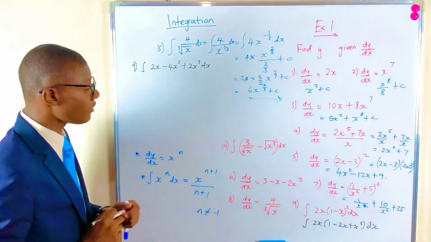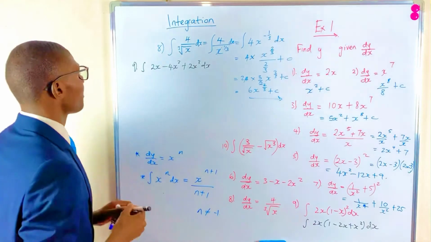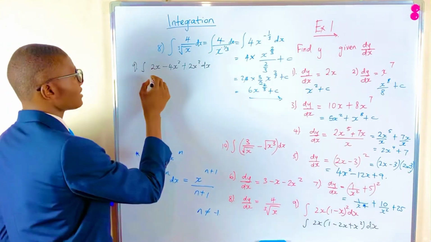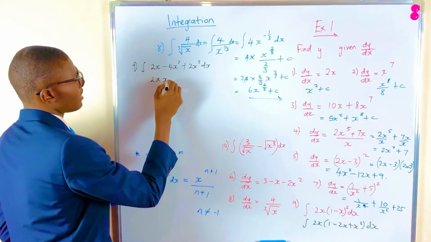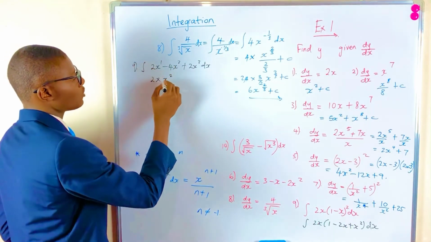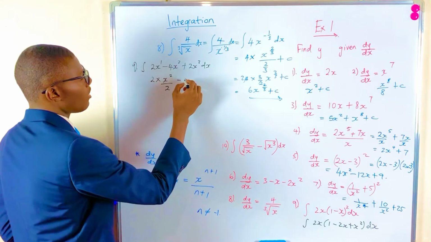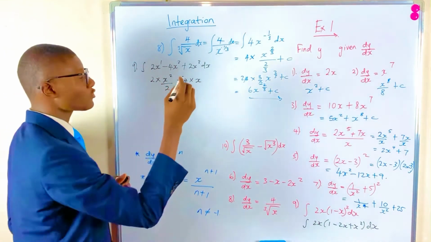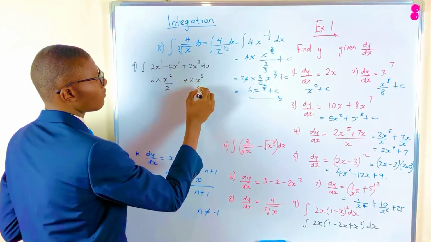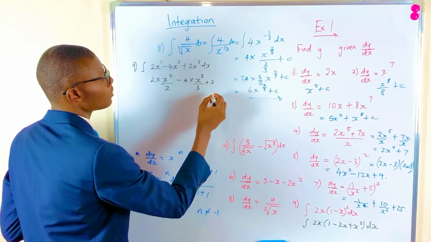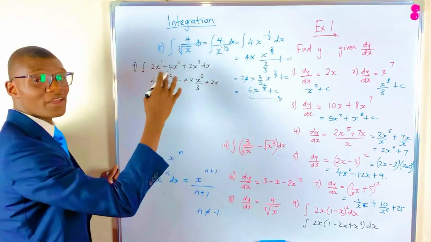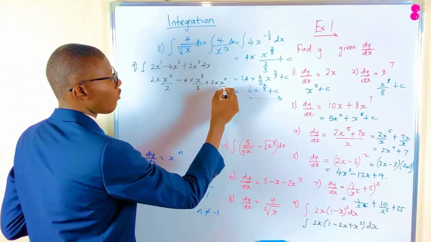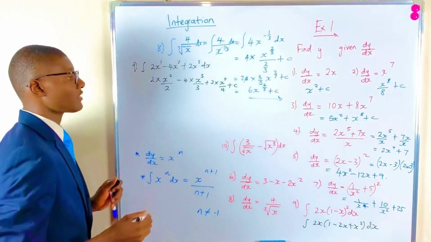Okay, so now integrating what we have here, we are saying the integral of 2x is 2 times x to the power of 1 plus 1, 2 over 2, minus 4 times the integral of x to the power of 2, that's x to the power of 2 plus 1, 3 over 3, then plus 2 times the integral of x to the power of 3, that's x to the power of 3 plus 1, 4 over 4, plus the constant of integration c.